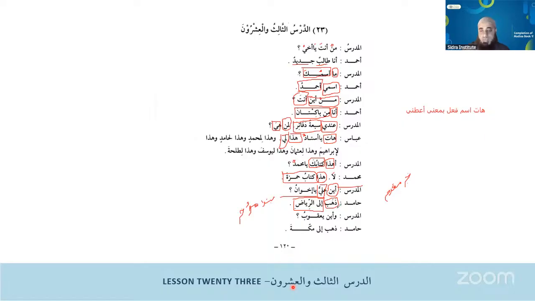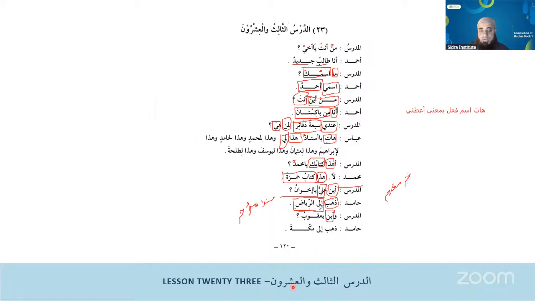Now this sentence will become jumla fi'liya because it started with the verb ذهب, and khabriya because it's informative. The teacher says, وَأَيْنَ يَعْقُوب? And where is Yaqub? So waw is harful atf, a particle of conjunction. Aina, same thing as before, we'll say khabar muqaddam, because even though it's a noun, it's dharf, so we can't take the role of mubtada.